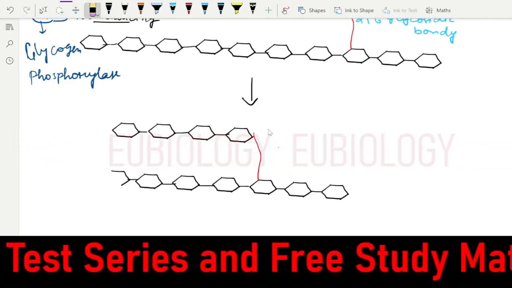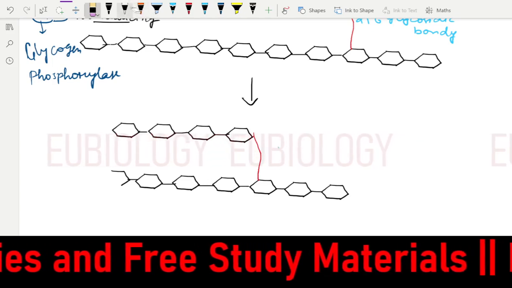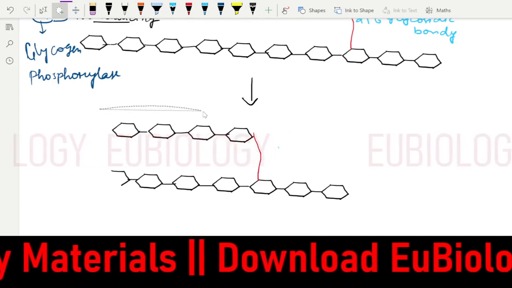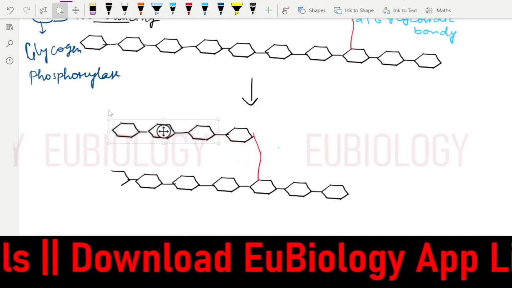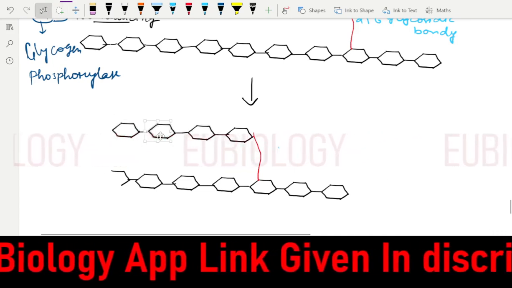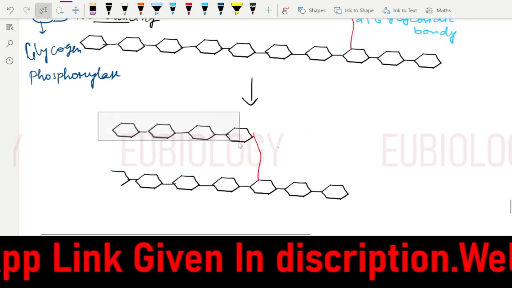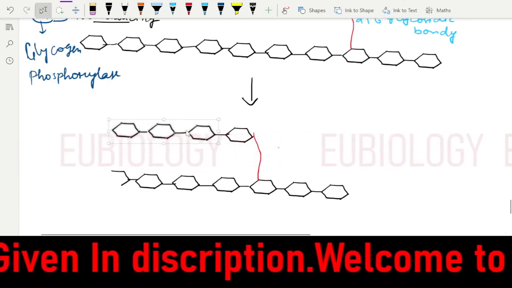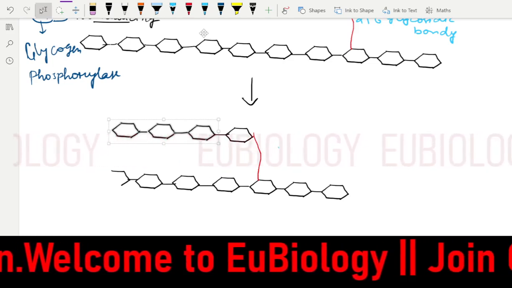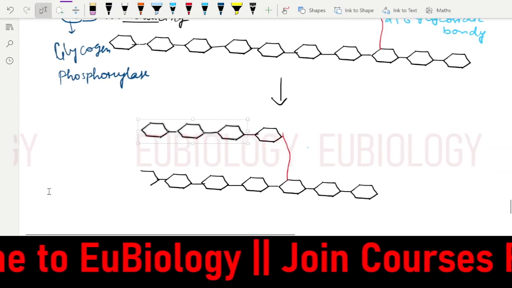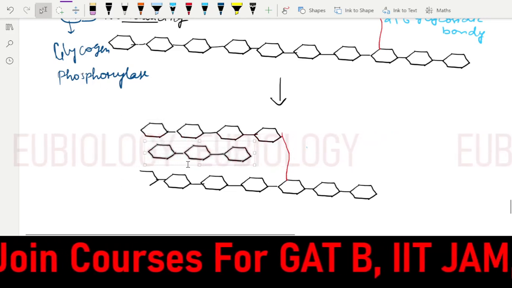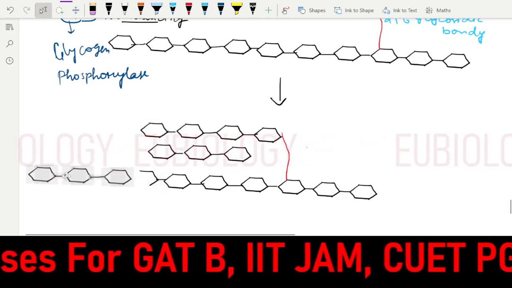Until this fourth residue it will break here, but the important thing is that these three residues will be transferred by another enzyme, copy and then paste. These three residues will be transferred over here.